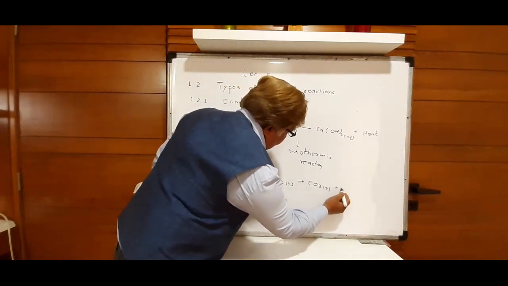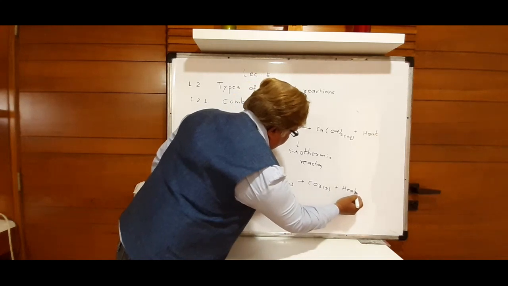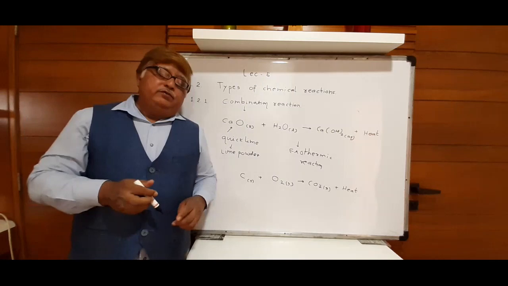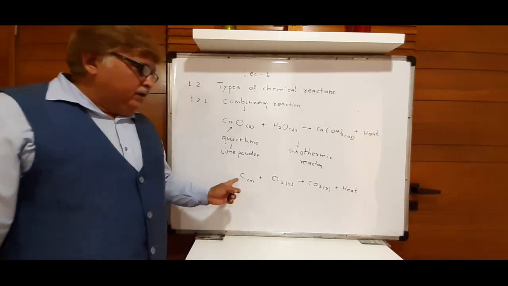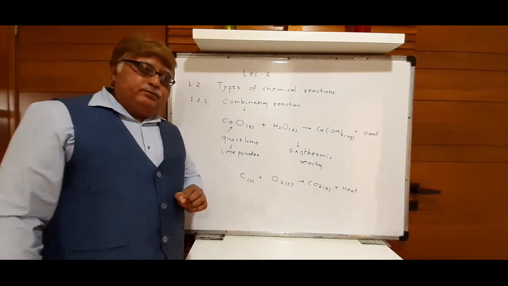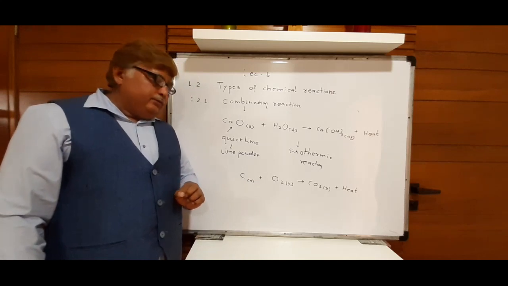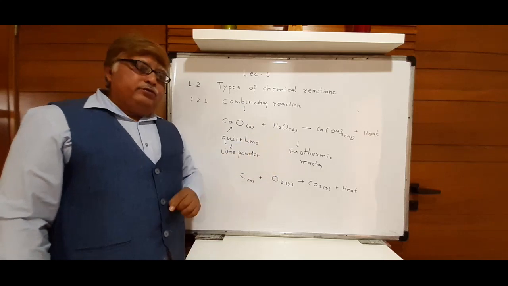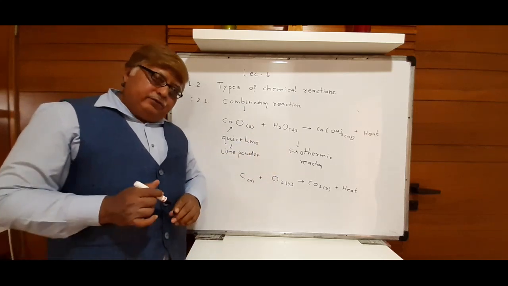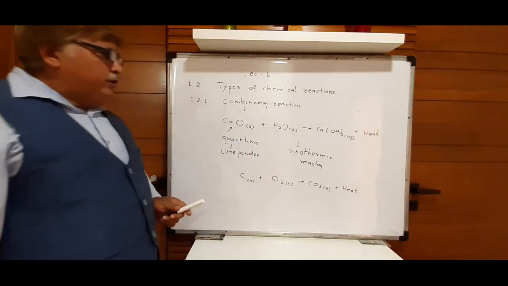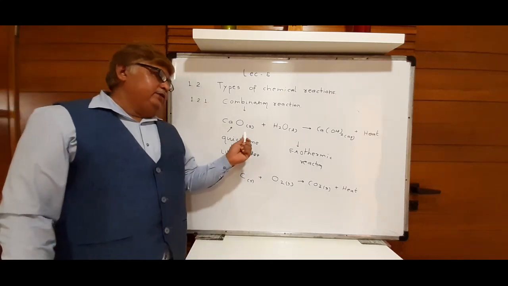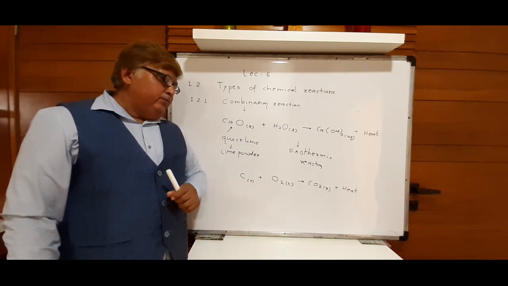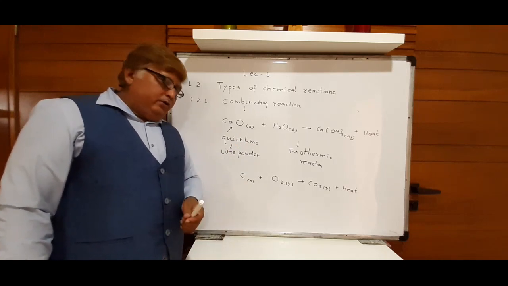In this reaction also heat energy appears as a product. So you can also mention in the exam this as one of the equations in support of exothermic chemical reaction. So two equations I have already written here, which you can mention as examples of exothermic reaction.